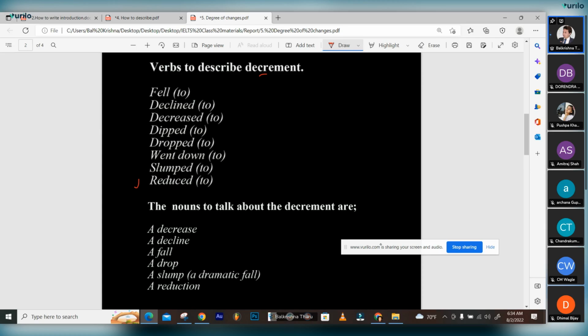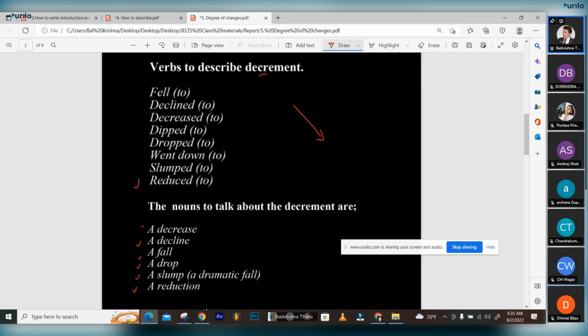The nouns to talk about decrement are a decrease, a decline, a fall, a drop, a slump, a dramatic fall, that is, a reduction. For example, the price of oil fell from $10 to $5.